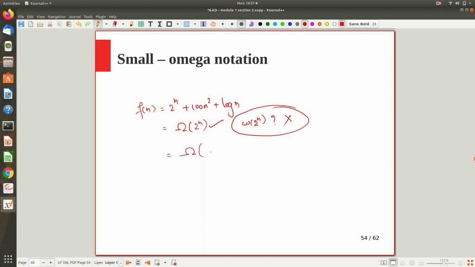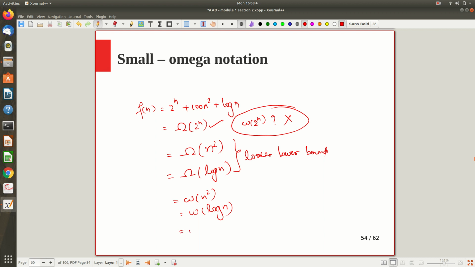And for lower bounds, you can think of any lower values, like n square or even log n, because we are talking about lower bounds, but these are all looser lower bounds, right? The best way to express such looser lower bounds is by means of small omega. So you can write small omega of n square, small omega of log n, or any lower values, even small omega of 1.5 raised to n. All are fine.